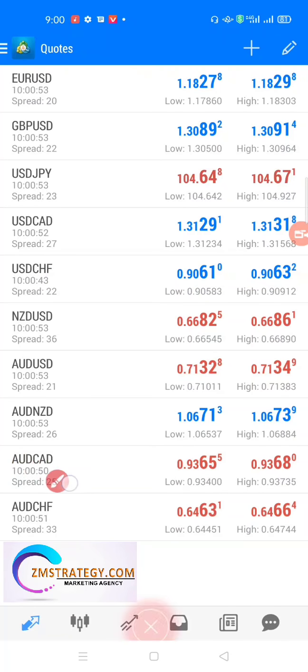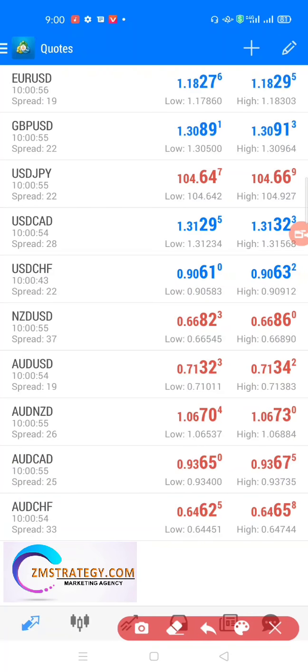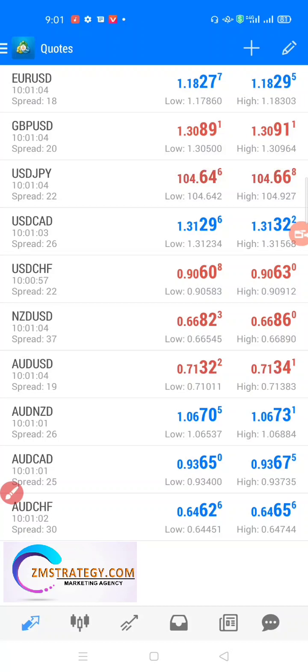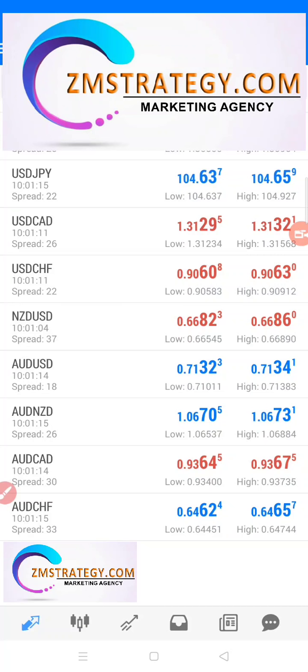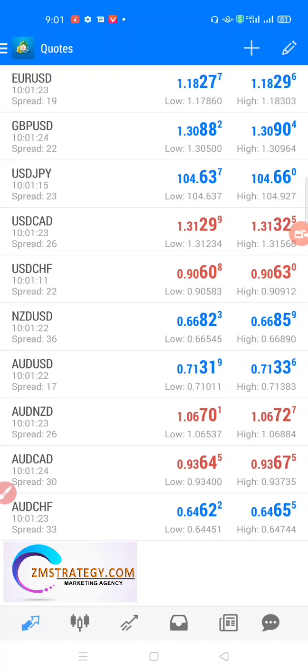Our counting of pips will be the four digits after the decimal point, and we are going to pick the last digit. Our calculating of pips will start from 7.